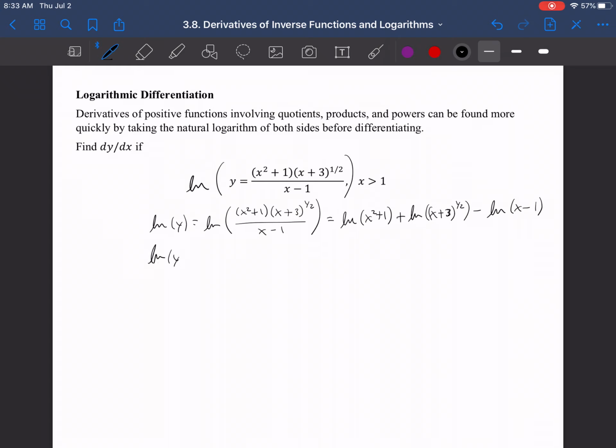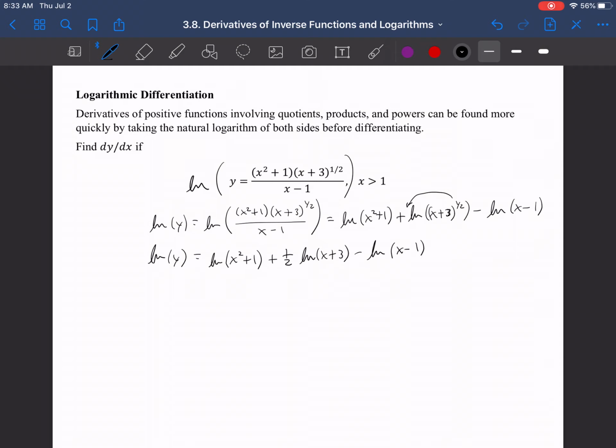Still have natural log of y here, but now we can do a couple things like this 1/2. We can bring that out front. And so this becomes natural log of x squared plus 1 plus 1/2 times the natural log of x plus 3 minus the natural log of x minus 1.